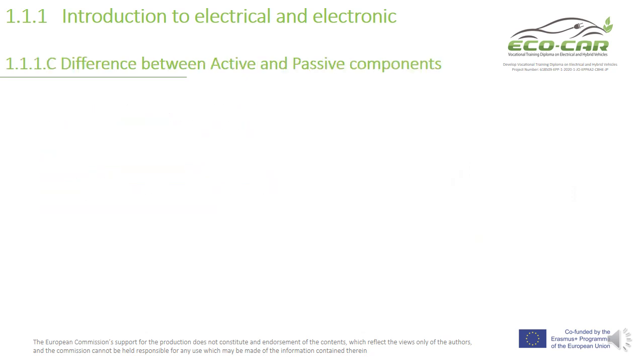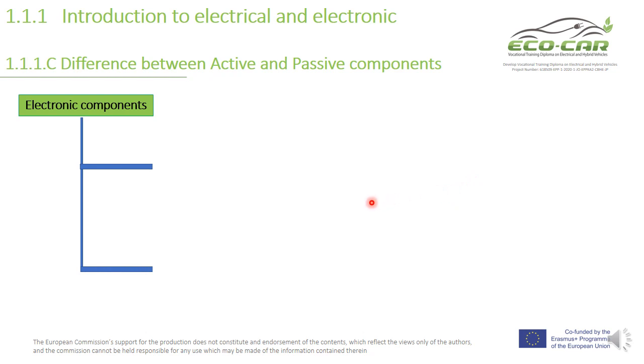What is the difference between active and passive components? Passive components utilize power from the circuit for operation. They store energy in the form of current or voltage. They cannot control the flow of current. They do not require an external power supply to operate, so it has its own power supply. Active components require an external power supply to operate.